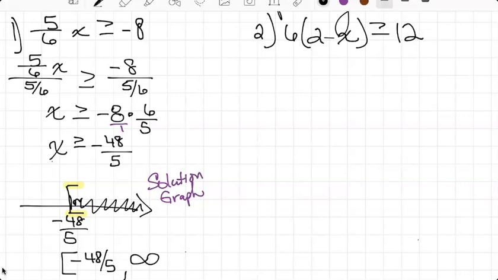That means to keep going to the right and don't stop. For my infinity, I can never equal the infinity, so I use a parentheses. And that's the interval notation that we would mark for our answer.